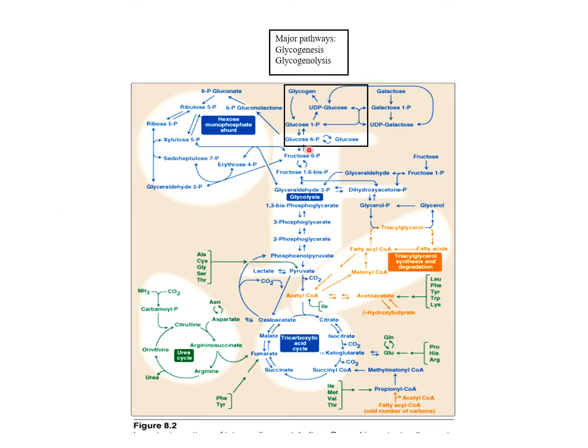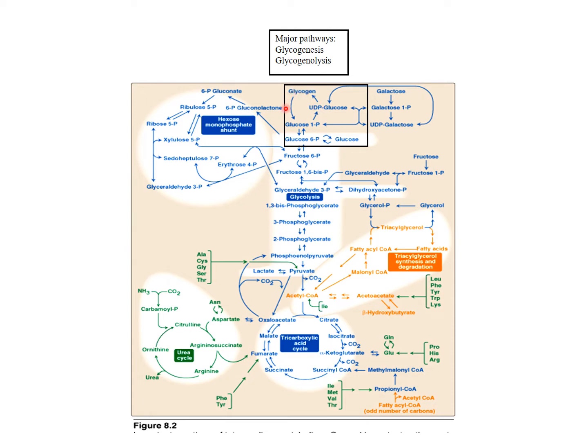So, where is the glycogen synthetic and degradation pathway in the whole big metabolism? You remember, this is glucose, glycolysis, gluconeogenesis, and when glucose is coming into the cells, it can also be used for glycogen synthesis to store away glucose for further use.